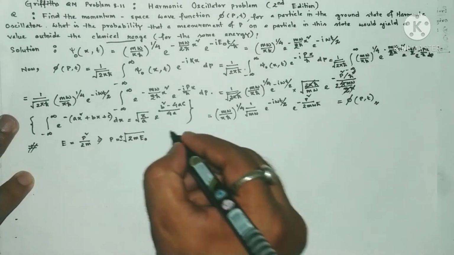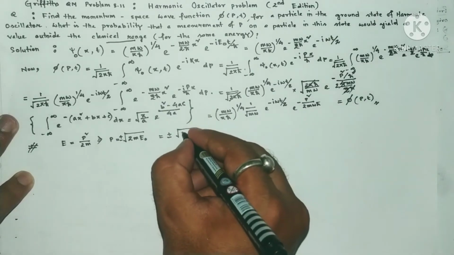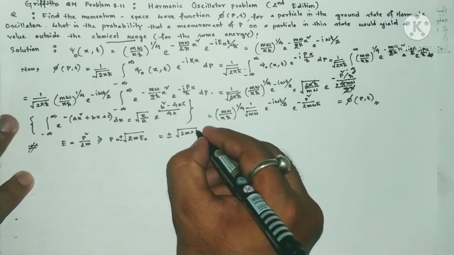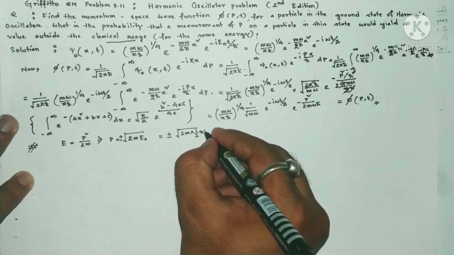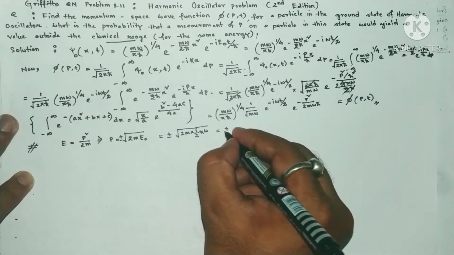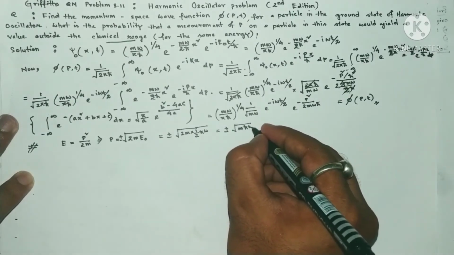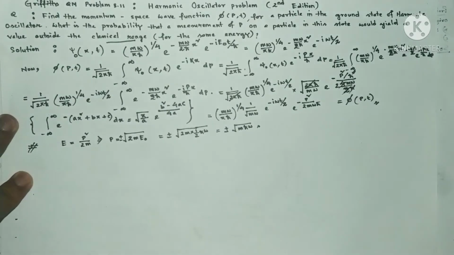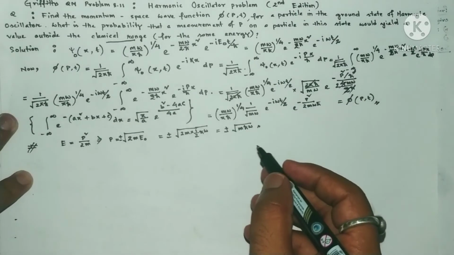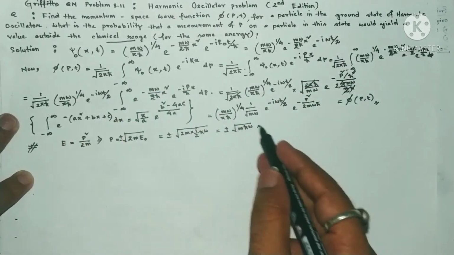So here, ground state energy, therefore plus minus under root 2m half h cross omega, right? So 2 will get cancelled, here will be plus minus under root m h cross omega. So this is our momentum. So they said it would yield a value outside the classical range, outside this range.